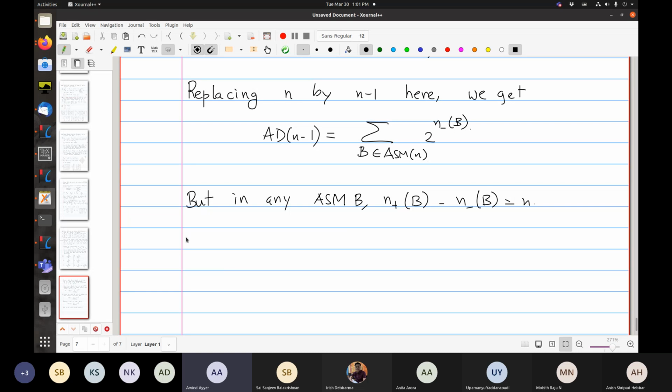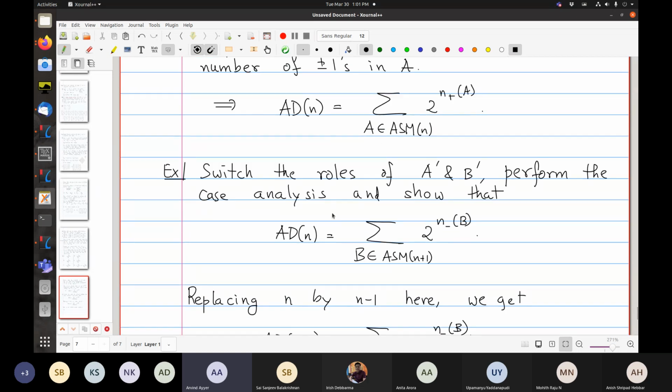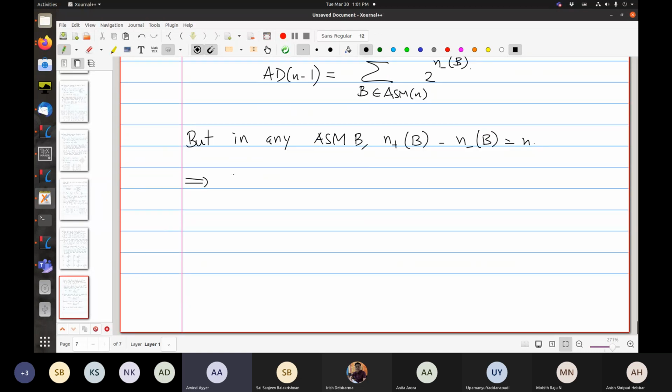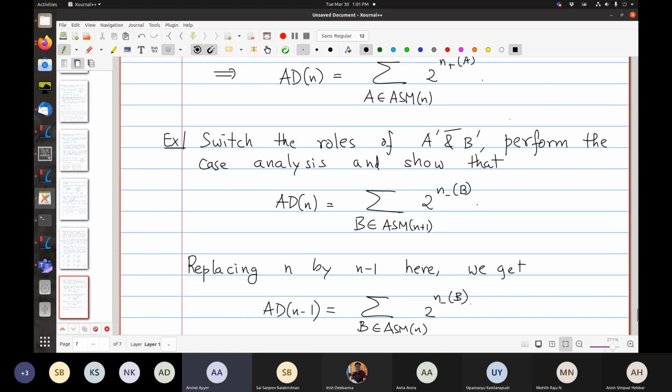So therefore, AD of n, now going back to, okay, so how do I want to write it? I'll now use the first formula, which we will call star.